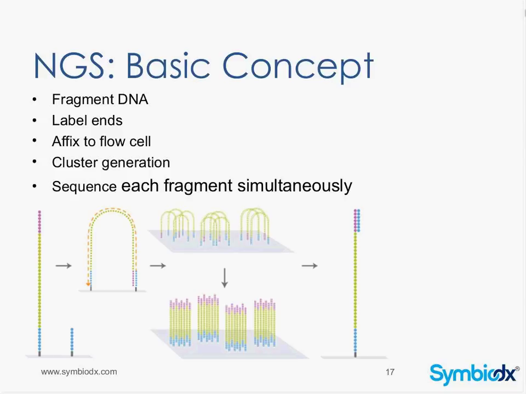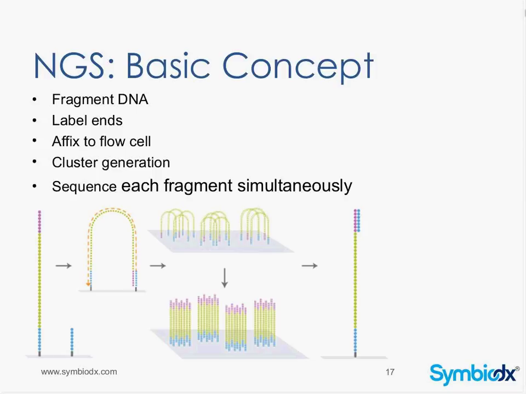So we can actually mix several different samples together. In our particular custom designed assay, we can mix up to 16 samples together in one run on one flow cell, and then still be able to separate them out very accurately based on this barcoded sequence. So we fragment the DNA, we label the ends, and then we fix it to the flow cell.